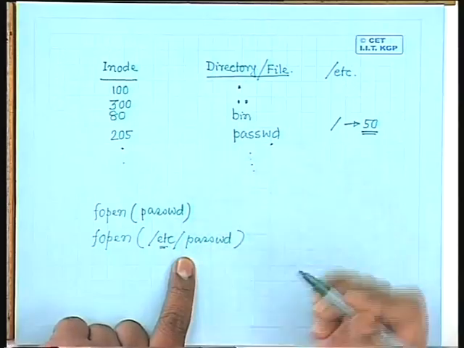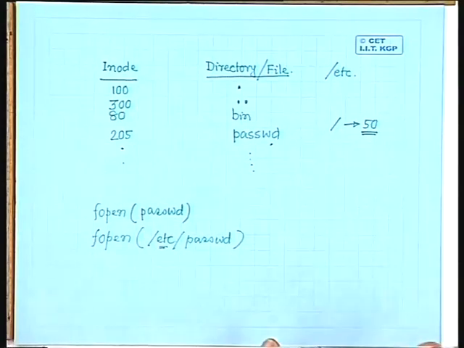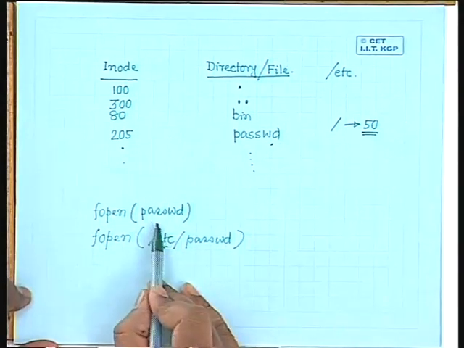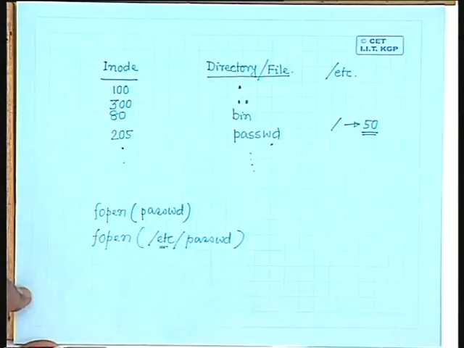So this is a very, very important step. Whenever I want to access a file, open a file or close a file, whatever I do, a user process or an application specifies the file name or the path name leading to that file name. It may be a file name or even a directory. So the first operation that has to be done is you convert the file name or the path name to the target inode number.